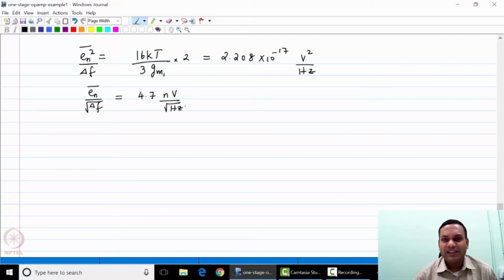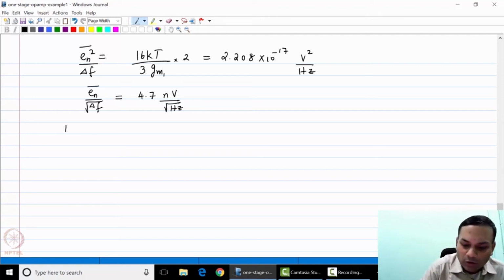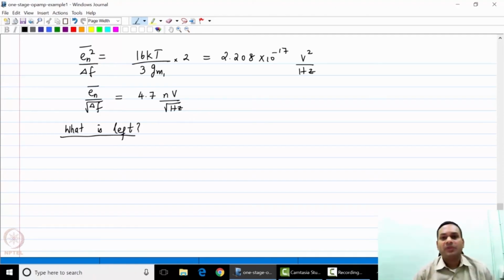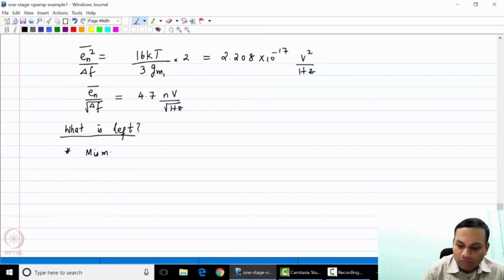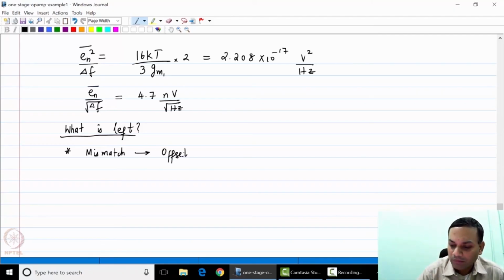If you knew the mismatch characteristics, you could also calculate the mismatch characteristics. So there are two things that we have left uncharacterized. Those are mismatch and calculation of offset voltage.